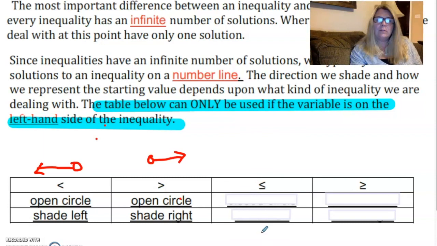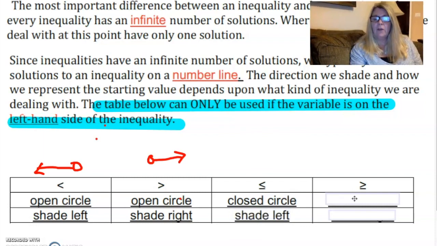Now when we add an equal to sign, that changes things. Now the number itself can be a solution. So you use a closed circle, you fill it in, and we shade to the left. And if you have a greater than or equal to, you use a closed circle because you can include that solution, and we shade to the right. So let's fill those in and show you how it would look.